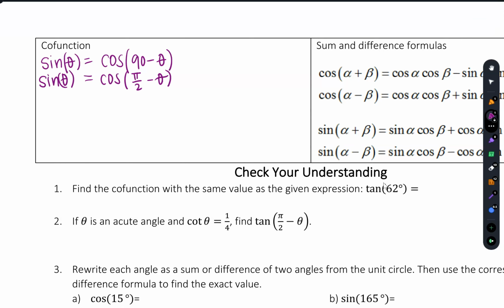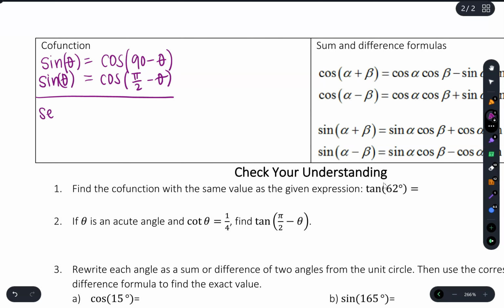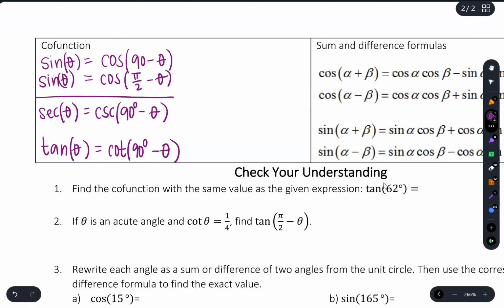So you can rewrite that as cosine of theta is going to be equal to sine of 90 minus theta. So secant and cosecant are cofunctions of each other, and tangent and cotangent are cofunctions of each other. Okay.